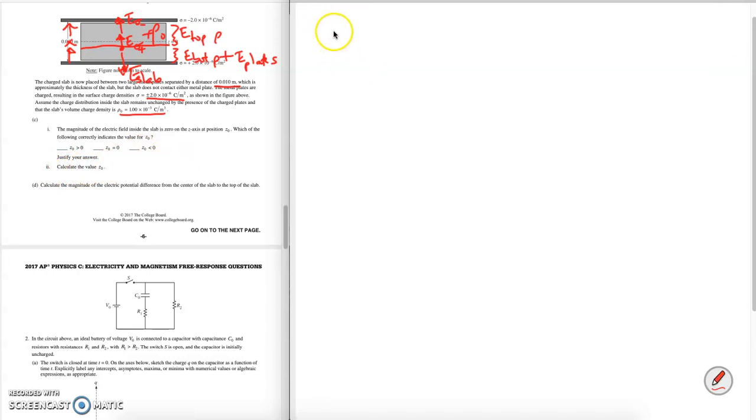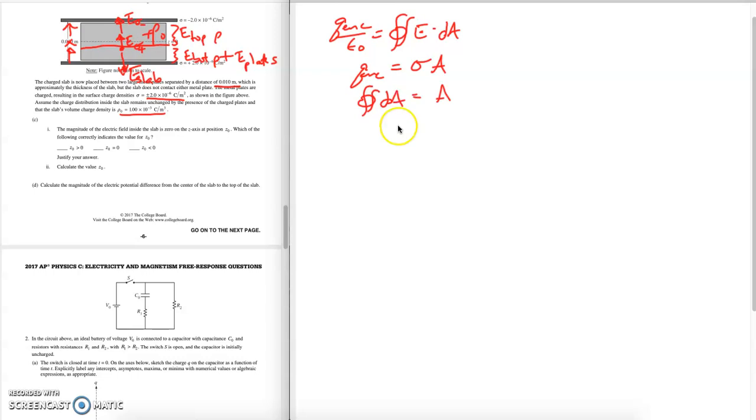All right, so if you remember from class, Gauss's law, Q enclosed, integral E dot dA, that's an E. Q enclosed for this plate here is going to be sigma A, and the area is also going to be A, but we're going to have a top and a bottom, so that'll be 2A.